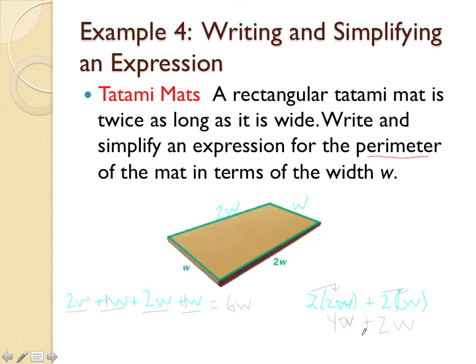Again, I look for like terms. They both have W's and both have the same exponent, so I add the coefficients. 4 plus 2 gives me 6. So the final answer, either way, is 6W.